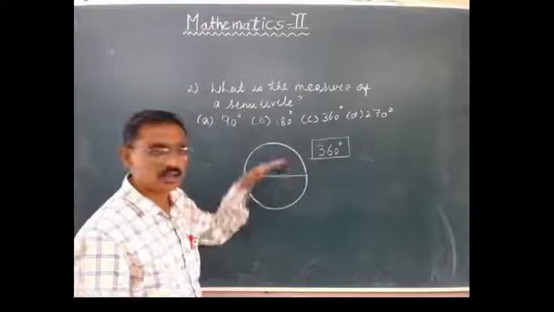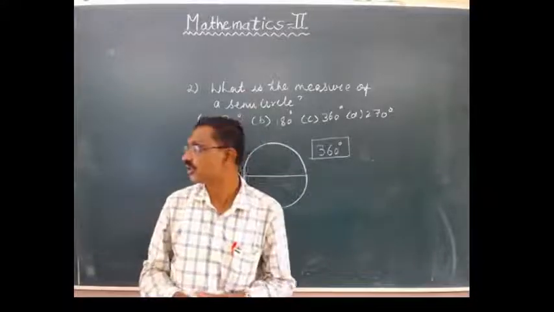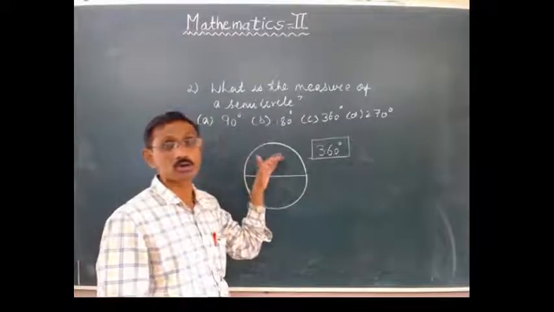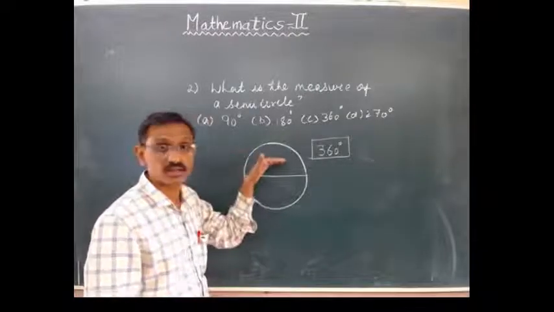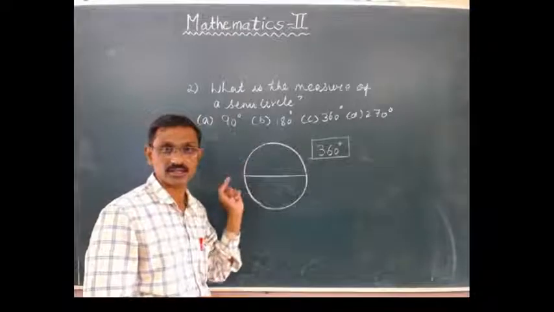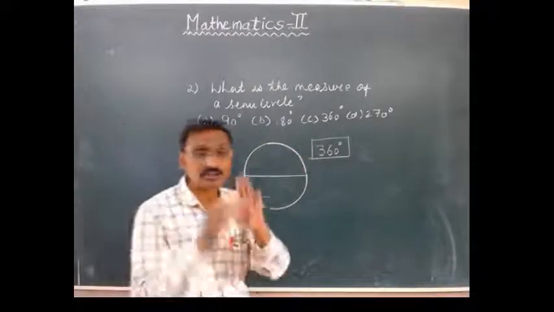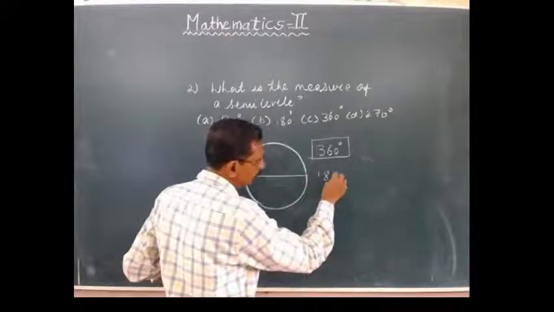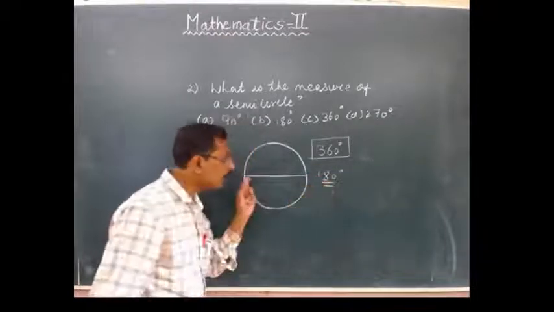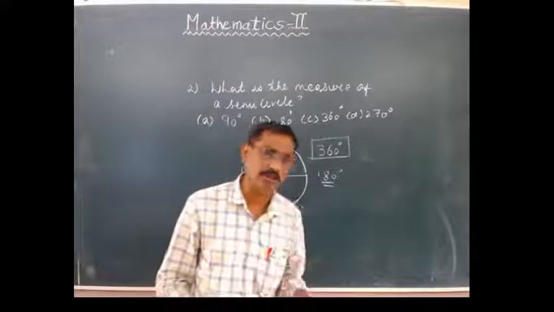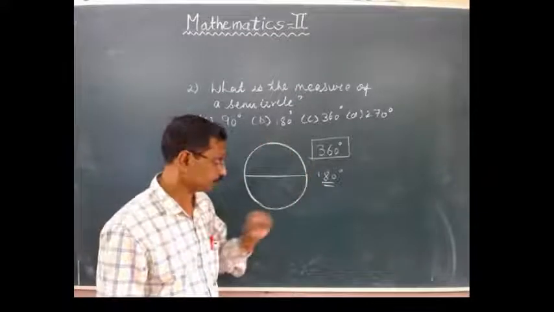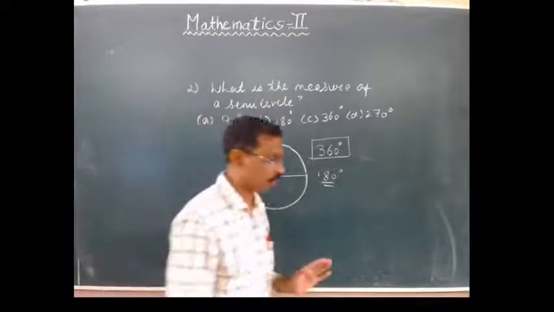Now when you divide this by 2, because we are talking about the semicircle, that is half of the circle. That means if I divide 360 by 2, how much do I get? I get 180 degrees. That means the measure of a semicircle is 180 degrees.